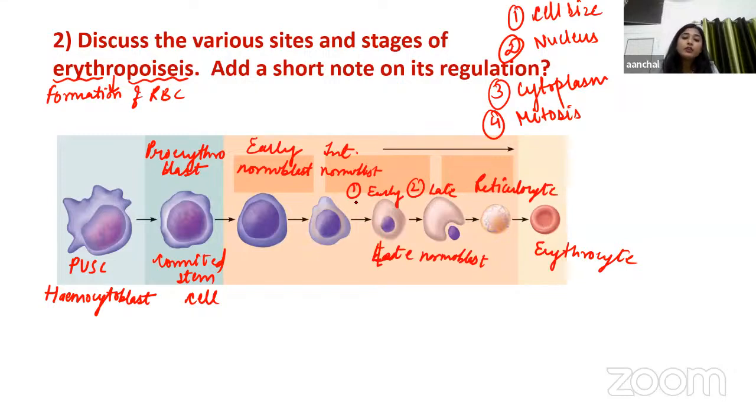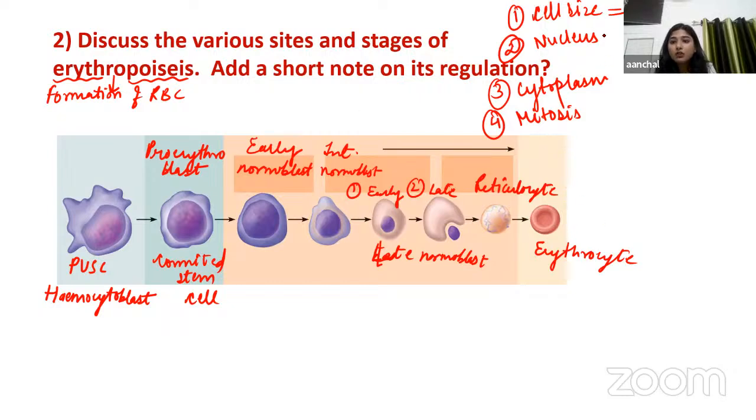Now, if you look for the difference, we can see that the size of this mother cell is very big, right? And the size of the mature RBC is very small. So the cell size decreases as the stages proceed.